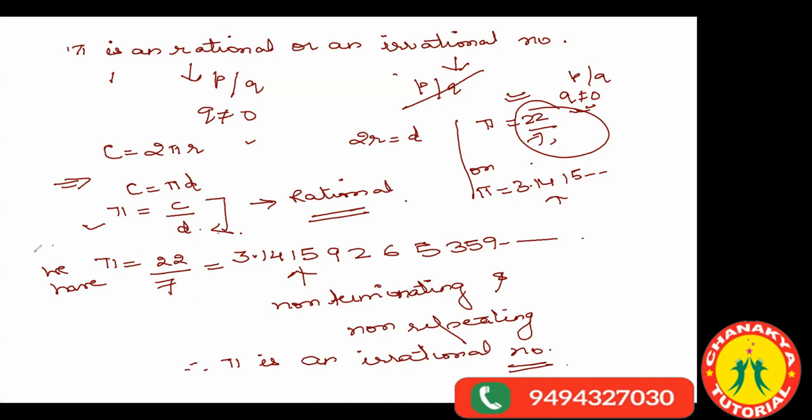Okay, children, now I am explaining. See, 22/7. Divide 22 by 7. It will go 3 times. 7 times 3 is 21. Subtract: 2 minus 1 is 1.